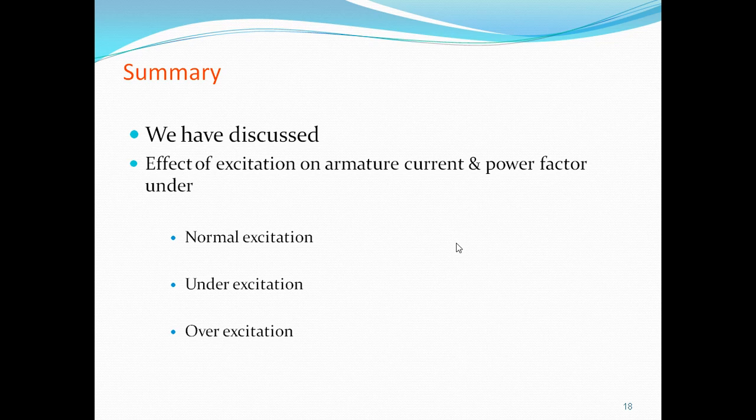Once again, I will repeat this. Here, we consider the condition when the load is constant. When the load is constant, the supply input P equal to root 3 V I cos phi drawn from the supply is constant.